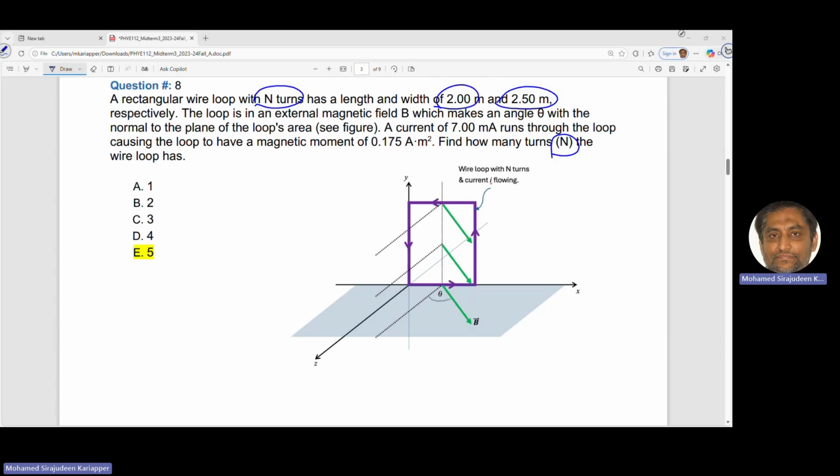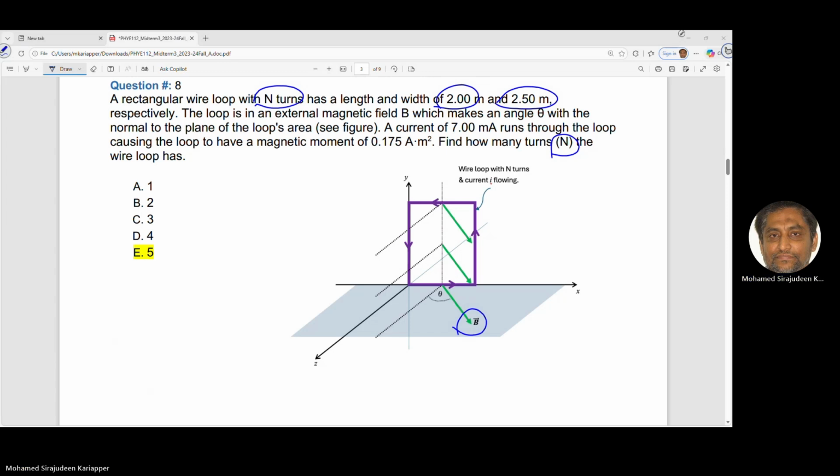This loop is kept in an external magnetic field B, shown by this green arrow. And we send a current of 7 milliamperes in that loop. When you do that, any current carrying loop will have a magnetic moment.